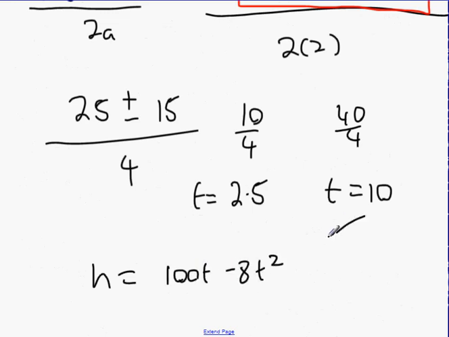If I replace t with 10, what's my answer going to be? The height answer has to be 200, because we got those answers for a height of 200 meters. If I replace t with 2.5, it still has to be 200 when you put it into the equation.